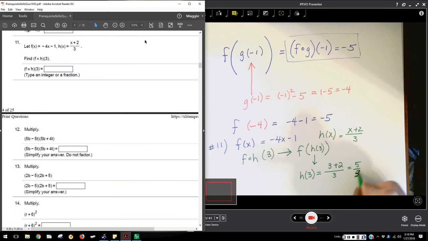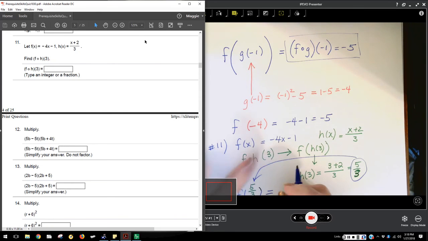Sorry about that. F of 5 over 3 is equal to negative 4 times 5 over 3 minus 1.